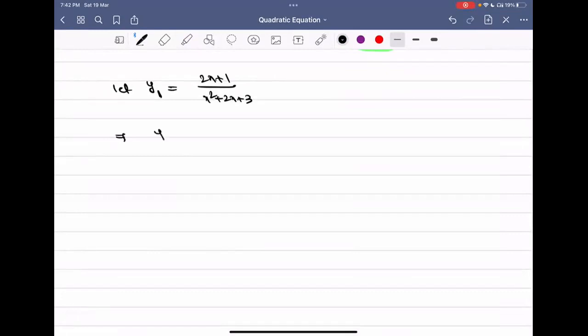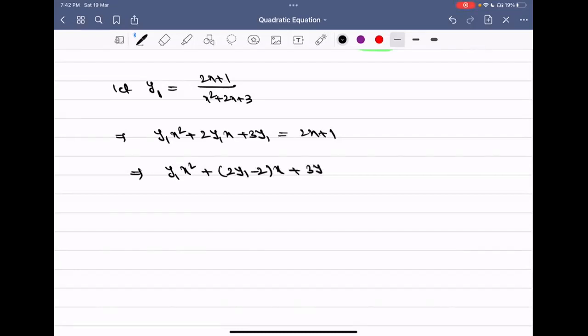If you cross multiply, then what you get? y1 x square plus 2y1x plus 3y1 is equal to 2x plus 1. By rearranging terms, you write this as a quadratic in x. Then you get y1 x square plus 2y1 minus 2 times x plus 3y1 minus 1 is equal to 0.